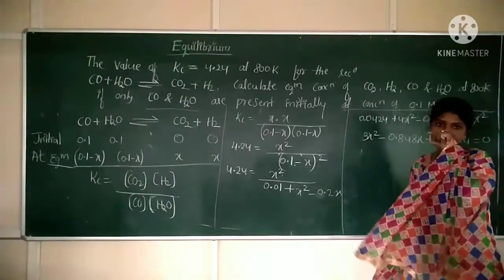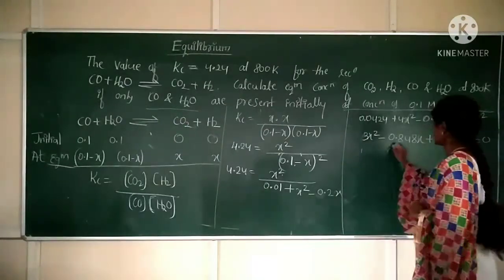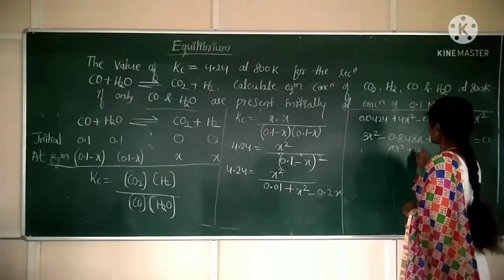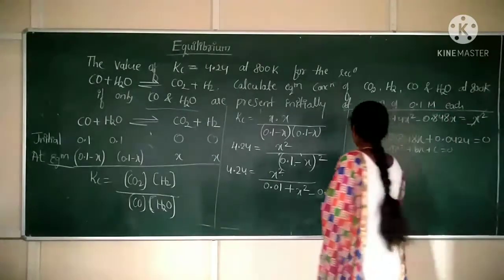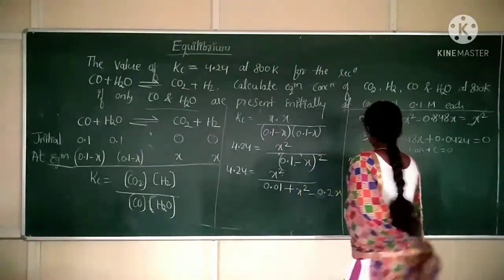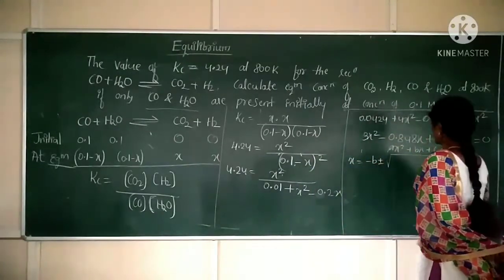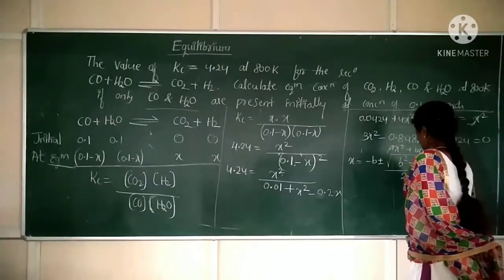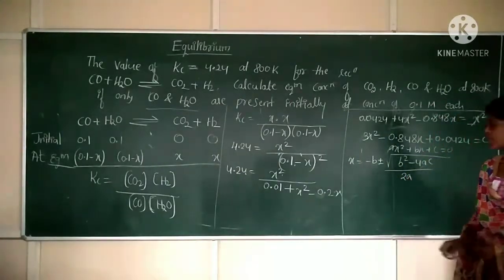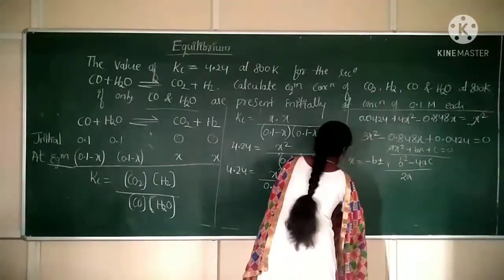Now it is a quadratic equation in the form of ax square plus bx plus c. So solve it by using the formula x equals minus b plus or minus square root of b square minus 4ac, divided by 2a. Now substitute the values.